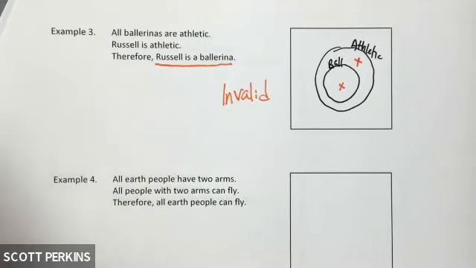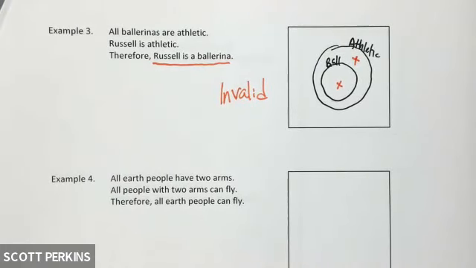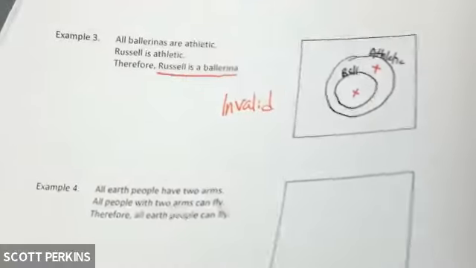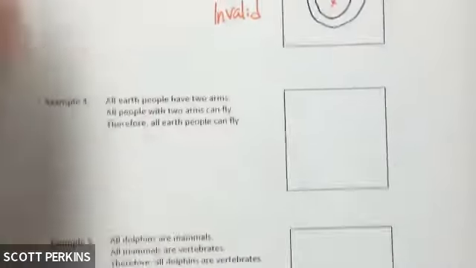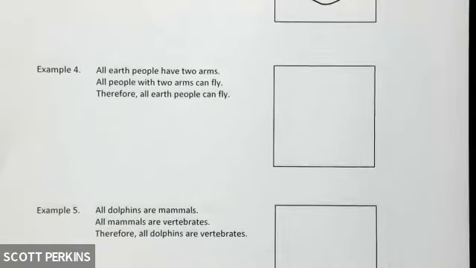argument. I'm going to do the next one with you, because now, instead of being given in my second premise just a specific instance, like Russell is athletic or Lisa works in pediatrics, the second premise is also going to be a quantified statement.